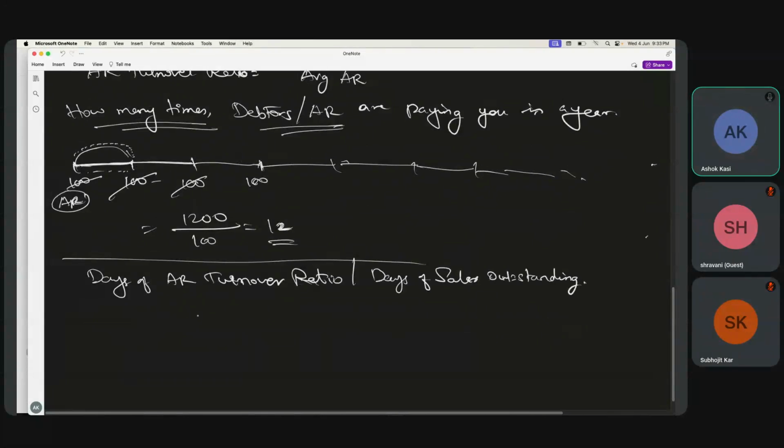Here the formula is 365 divided by account receivable turnover ratio.